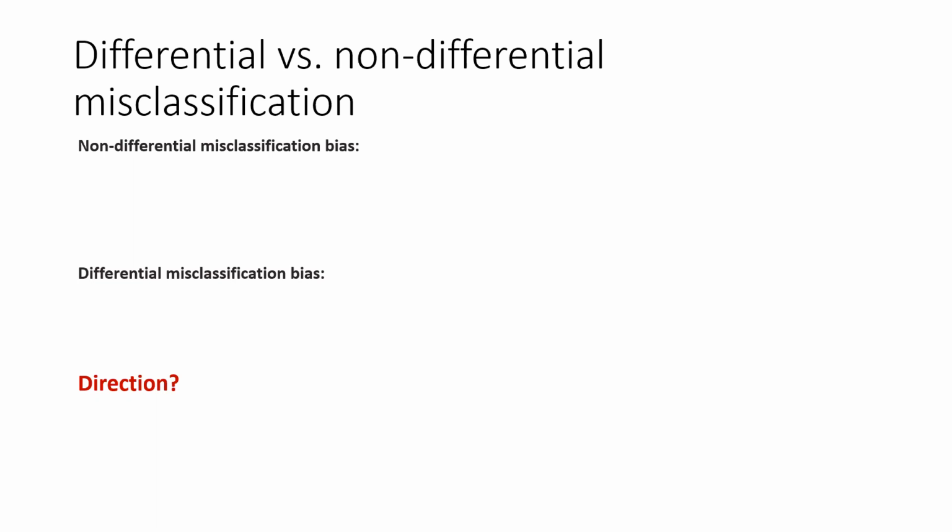Okay. Do you all agree, or do you have other suggestions? I think non-differential won't have an effect on the association because maybe it's proportional among all the groups, as Nihad said. Okay. So let's see, let's discover together.